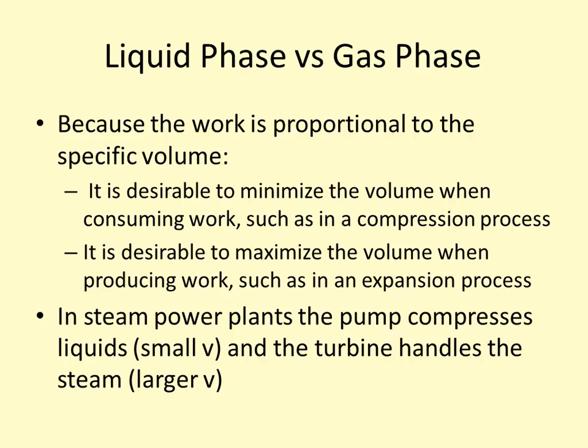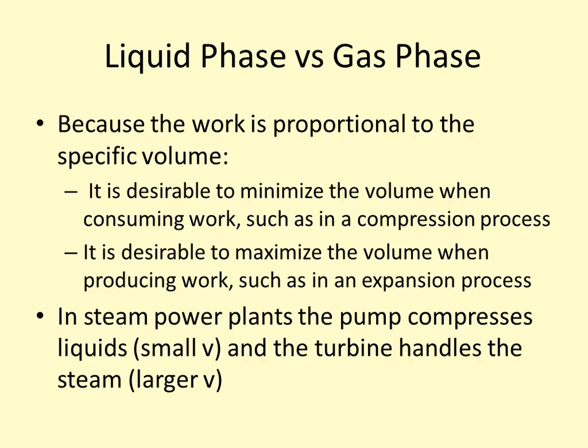And there's several different ways to do that. One is choosing a different working fluid. Another might be cooling, and we'll talk about that a little bit later. If we have a work output process, we want to maximize our specific volume instead. So if you think about a steam power plant, I'll just draw the brief picture up here on the board.